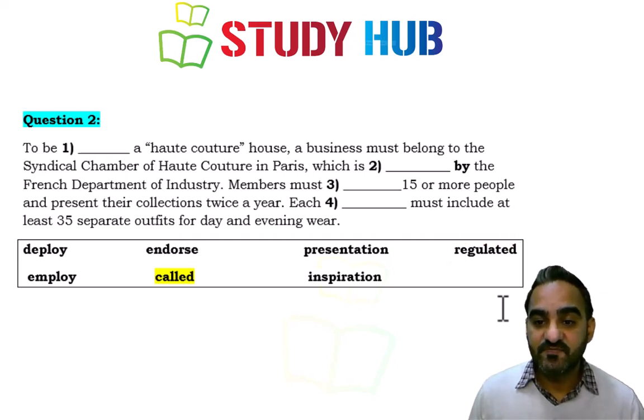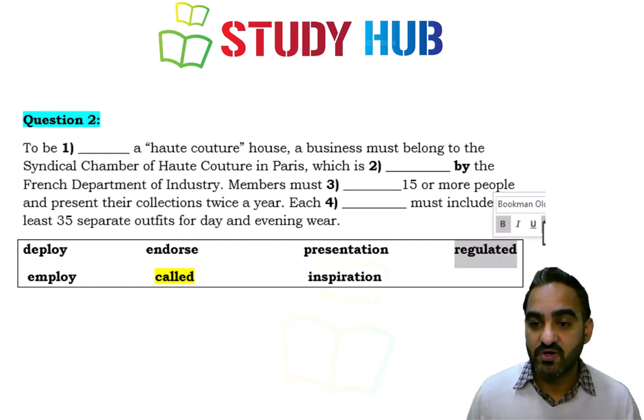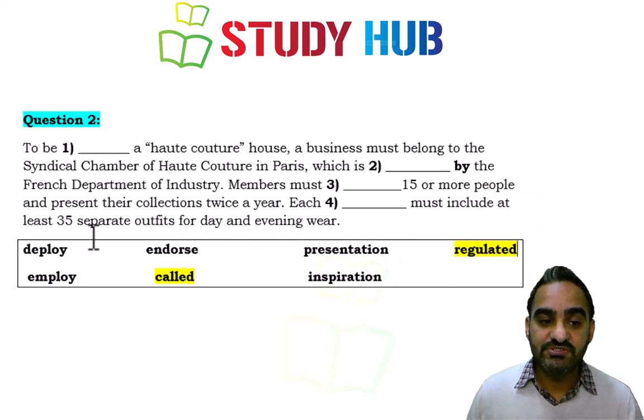Members must dash 15 or more people and present their collections twice a year. Members must. So normally when we say a sentence, as per the helping verb rule, if the blank is after must, it has to be base form verb. And how many base form verbs we have? So regulated is already gone. Presentation and inspiration are nouns. So we have got endorse, deploy, or employ.